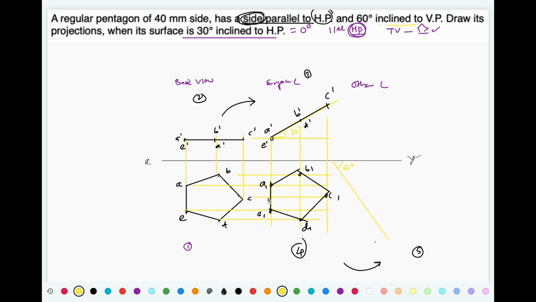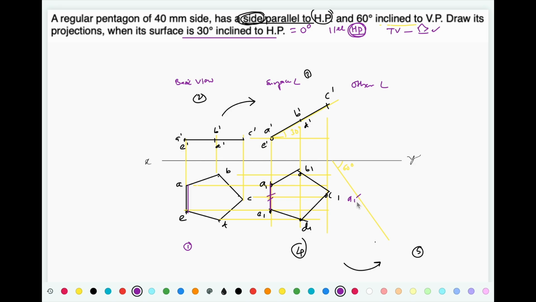So the side which is parallel to HP, that is nothing but this side AE. This side to be made inclined at 60 degree to VP. So on this line inclined at 60 degree, first locate the point A1 at some random distance below XY.